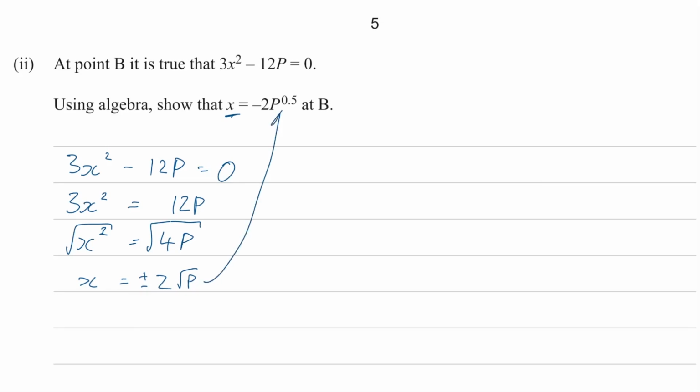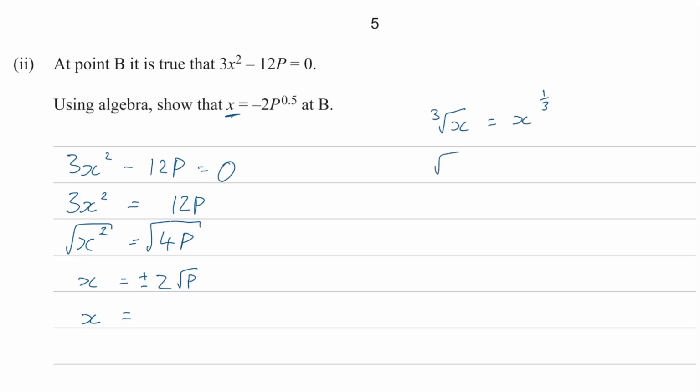Now, how does this compare to what we're trying to show? So I see a 2. Great. I see a p. What about that 0.5? So our power rules, well, not really a power rule, it's just expressing the root symbol as a fractional power. So for example, the cube root of x can be written as x to the power of a third.